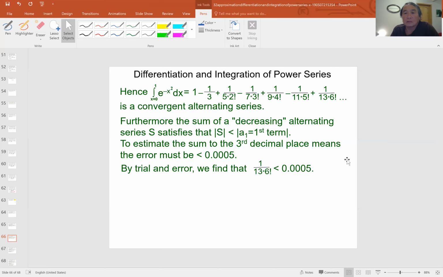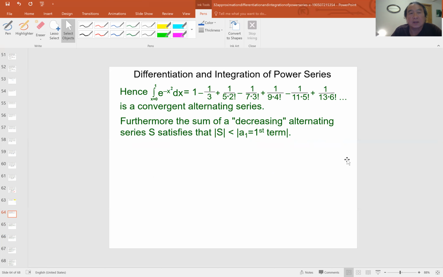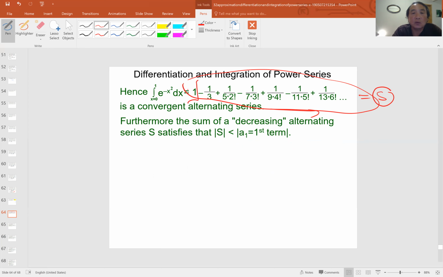One of the things we're going to use here is the decreasing alternating sequence. Here's an alternating sequence that's decreasing. If I add them all up, whatever the answer is, it has to be smaller than the absolute value of the first term. What does that mean?